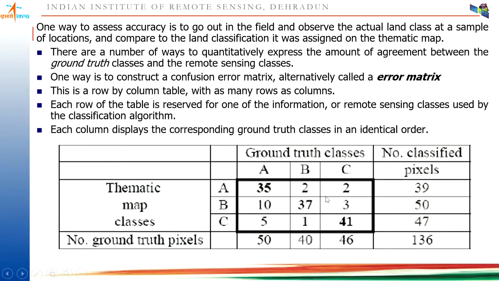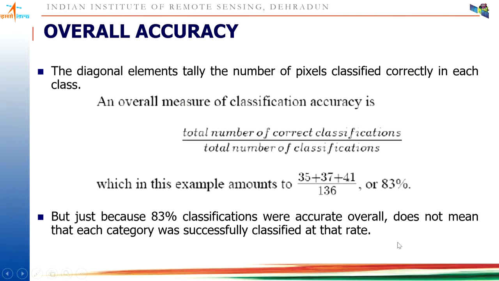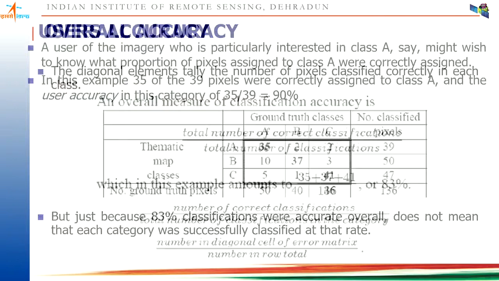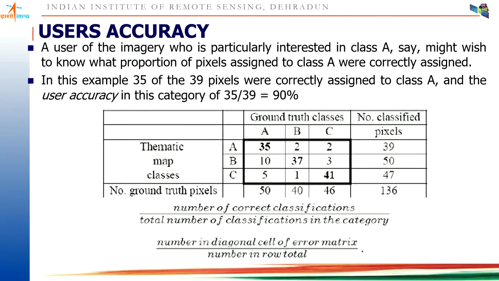So total correctly classified divided by total number of pixels gives me the overall accuracy of the classification, which comes out to be 83%. But just because overall accuracy is 83%, it doesn't mean that all three categories were classified with this accuracy.